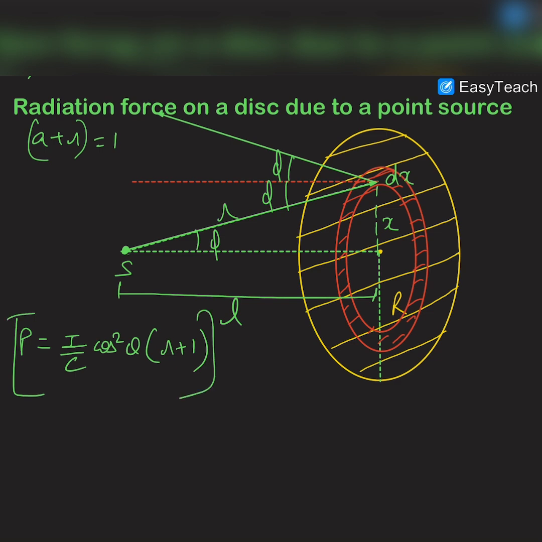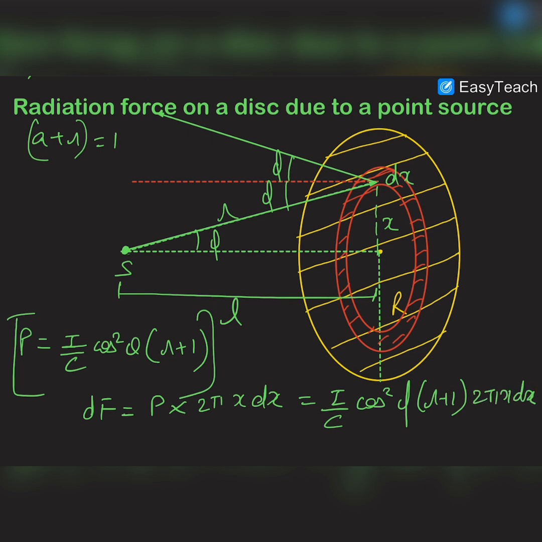So this is the radiation pressure in the case when radiation is obliquely incident on the surface, and therefore we can say that the force acting on this element, which is a ring, will be df, and df will be radiation pressure P into the area of this element, which is 2 pi x dx. So this will be I by c into cos square theta. This angle is phi, so let us take it as phi, and r plus 1 into 2 pi x dx.